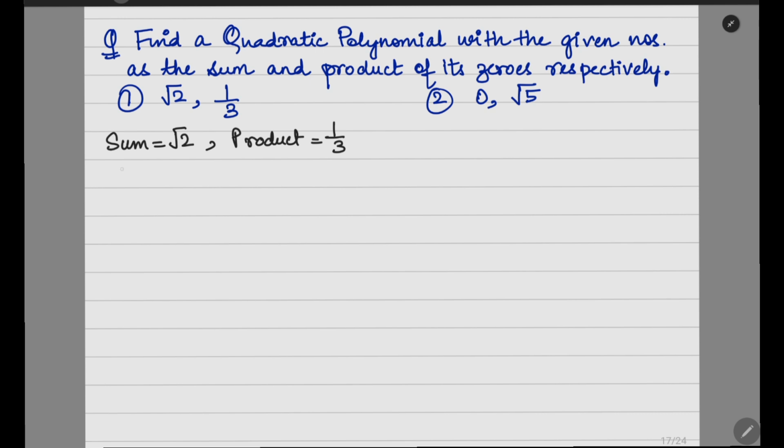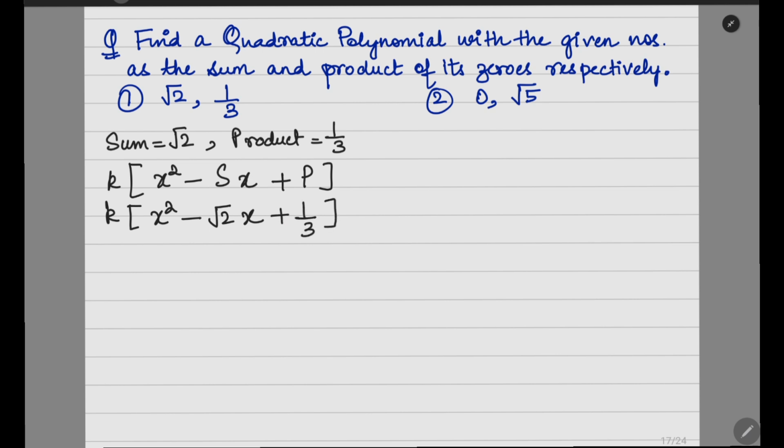So what is the general form? k multiplied by x square minus sum of zeros multiplied by x plus the product. Just substitute: k into x square minus root 2 x plus 1 by 3. Okay. So first take the LCM, taking 3 common.